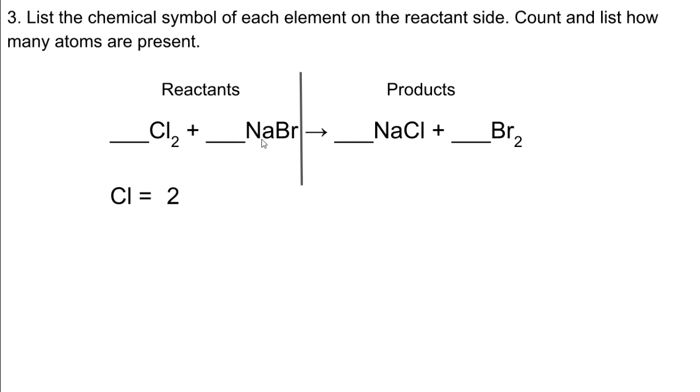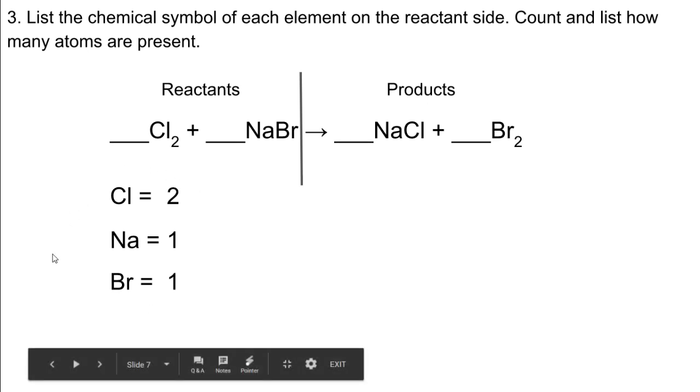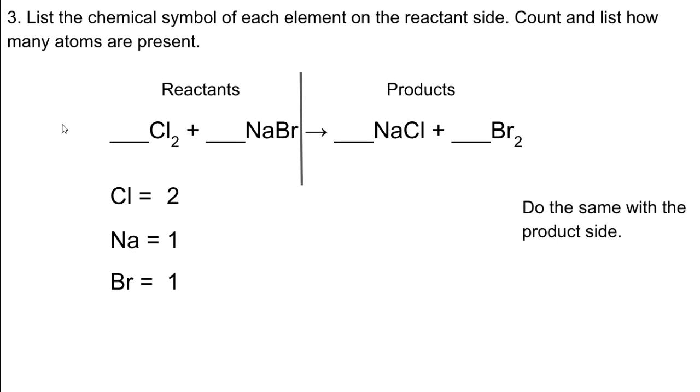The next element over here is Na, or sodium, and how many do I have of these? I just have 1, right? Then I go to Br, and again, I only have 1 Br. So now I have listed all the chemical symbols of my elements, and I've listed how many atoms are present on my reactant side. But wait, don't worry.